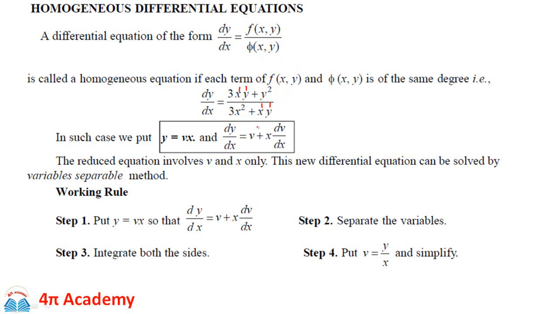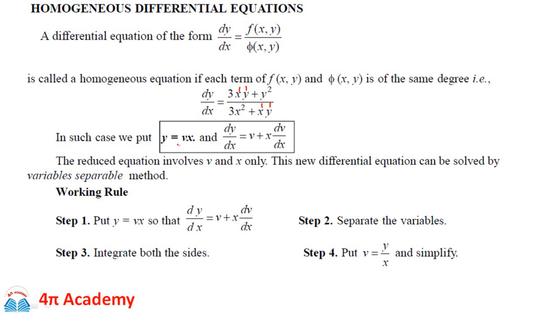Now in order to solve such a homogeneous differential equation, there is one substitution with the help of which we can solve it. So we make the substitution y is equal to vx.